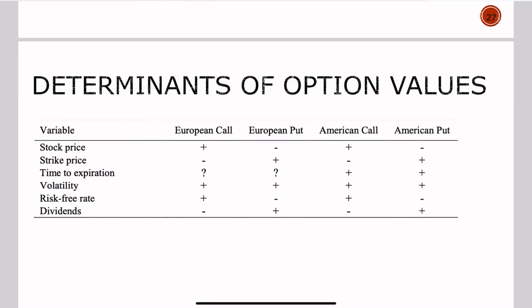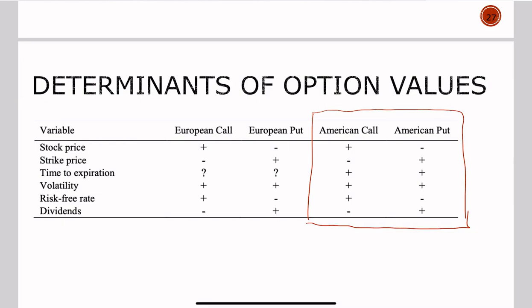So let's first look at American calls and American puts. Because most of the time when textbooks are discussing determinants of option values, they will just talk about American calls and American puts.